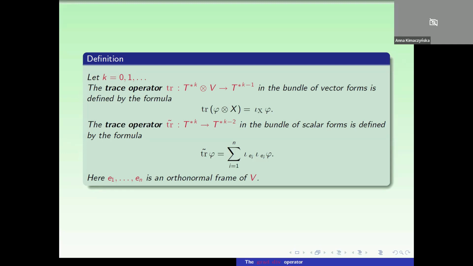And another trace operator from T*k to T*(k-1) in the bundle of scalar forms is defined by the formula: tilde trace phi is the sum from i equals 1 to n of i_{e_i} phi, where e_1 to e_n is an orthonormal frame of V.